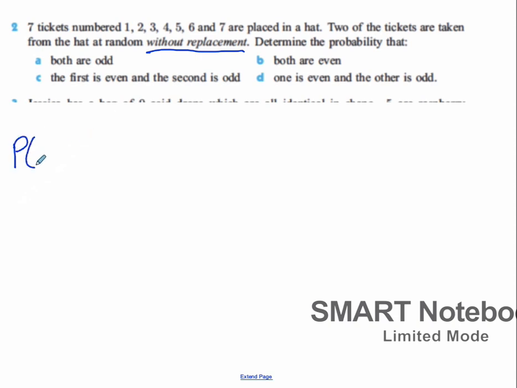Probability both are odd. Okay, the probability the first one is odd: 1, 2, 3, there are 4 of them, out of 7. And we have to multiply by the probability that the second one is also odd. If the first one is odd, now we only have 3 odd ones left.